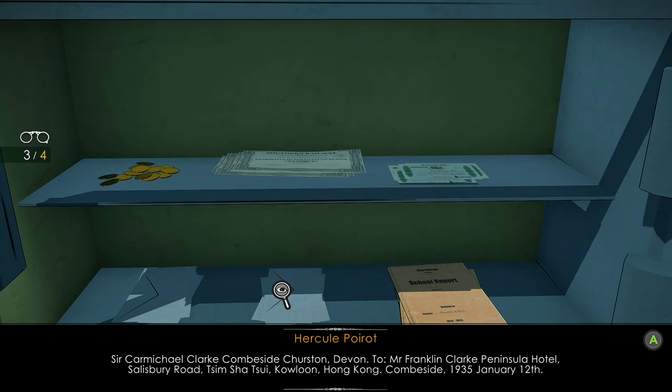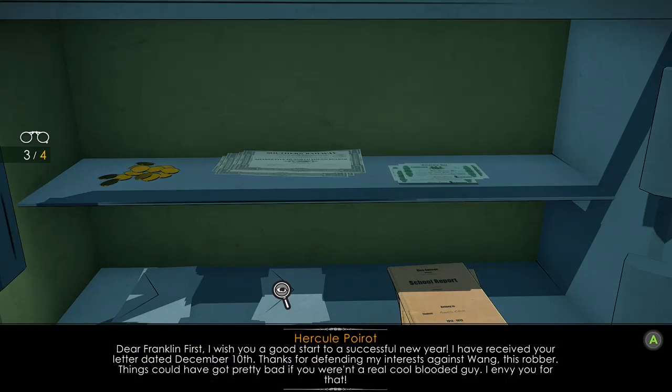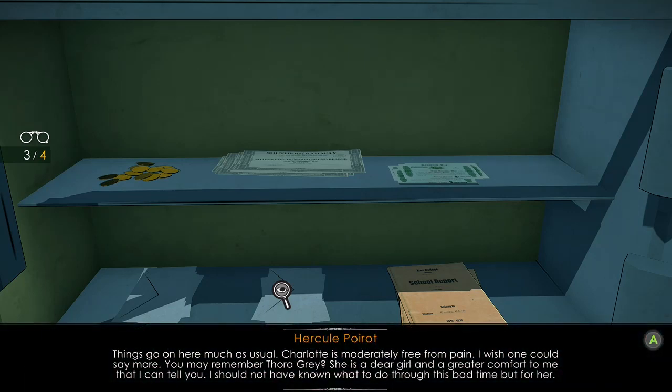Clark, Campside, Churston, Devon, to Mr. Franklin Clark. Dear Franklin, first, I wish you a good start to a successful new year. I have received your letter dated December 10th. Thanks for defending. Things go on here much as usual. Charlotte is moderately free from pain. I wish one could say more.